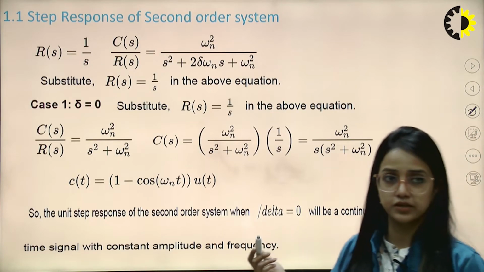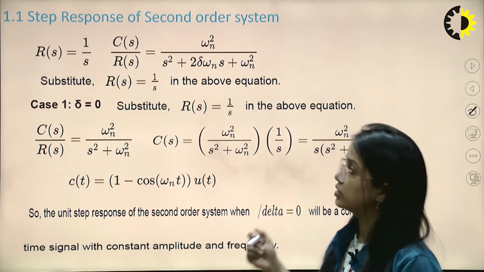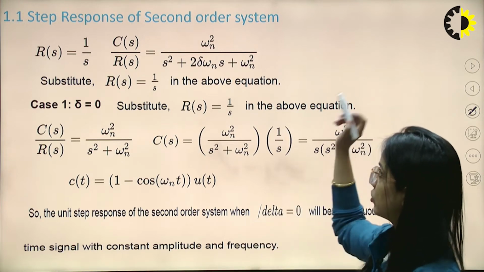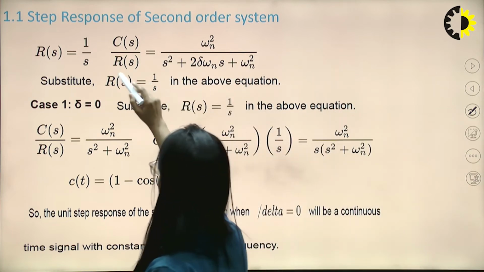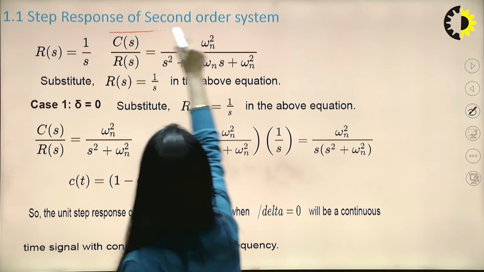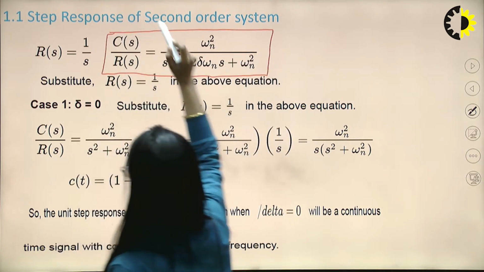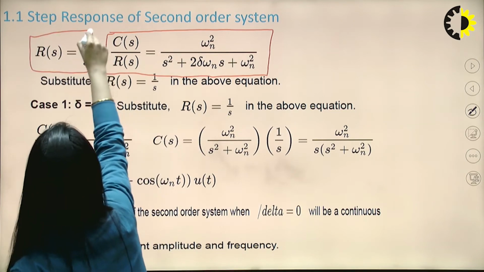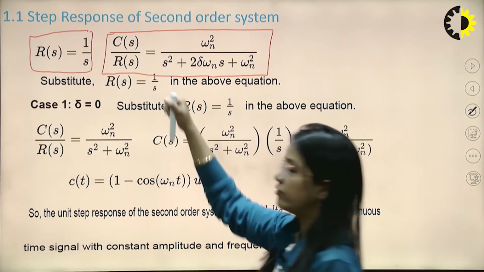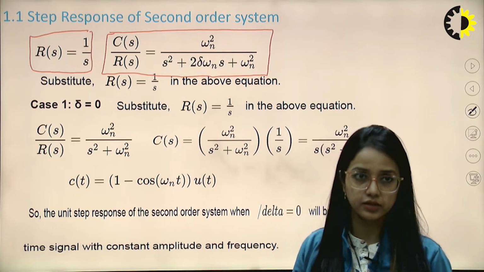Also some numericals. Then from here we can see that the step response of a second order system is this, and we can call it a transfer function. So this is the transfer function. Of course, since we are giving the step input, the value of R(s) given to the system was 1 by s.